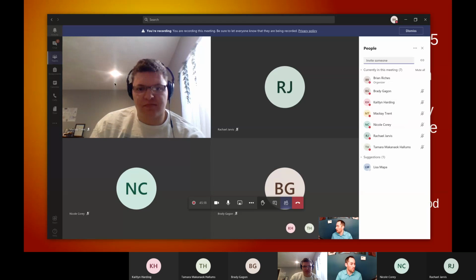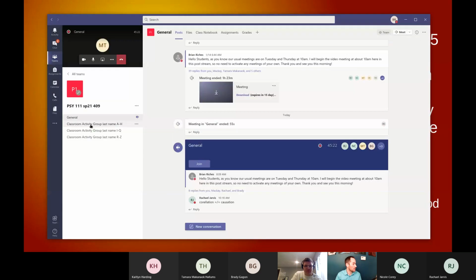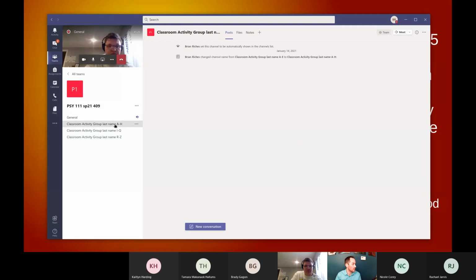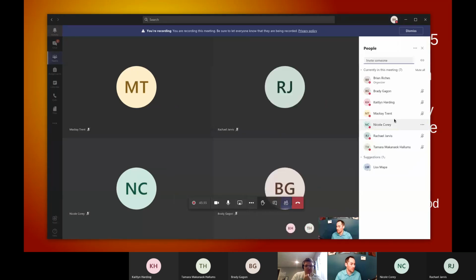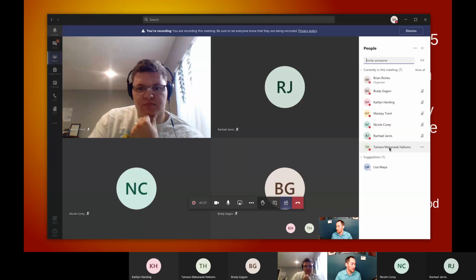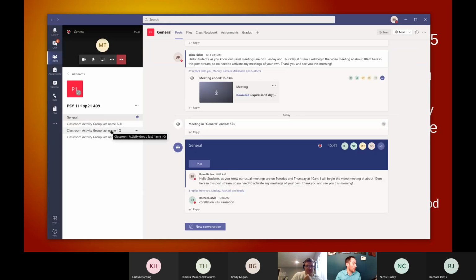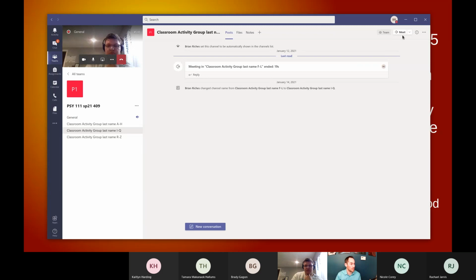Kaylin and Mackie will all click on basically the Teams icon and then go to this classroom group, last name A through H. So click on that and then you can just start a new meeting there. And similar for, let's go back here, similar for Nicole, Rachel, and Tamara, click on Teams and then go to this one, the I through Q group. And then click Meet.